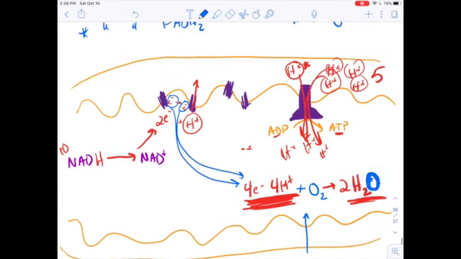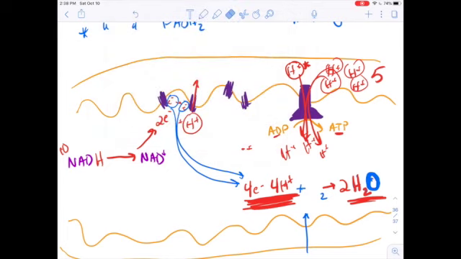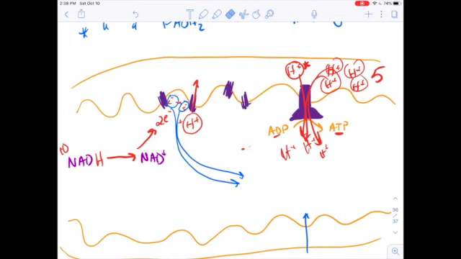Because if it's not there to bind to those protons and electrons after chemiosmosis, then we'd get 5 coming down. The gradient would equalize, and we'd have 5 protons down here and 5 up here, concentration-wise.